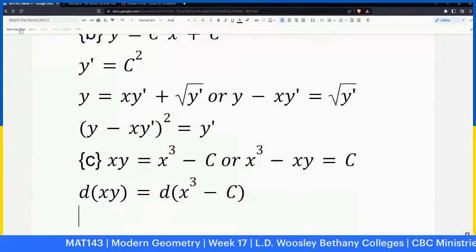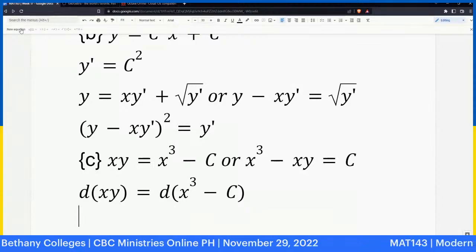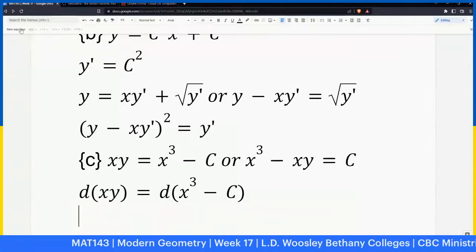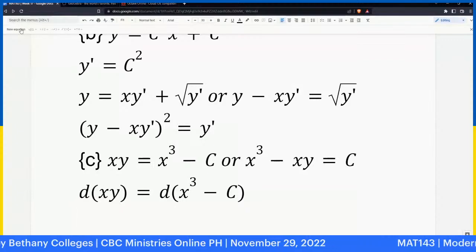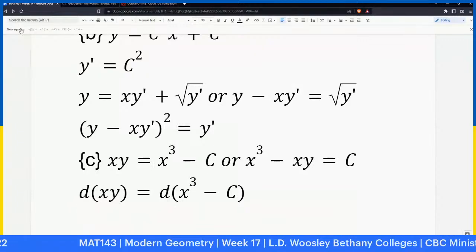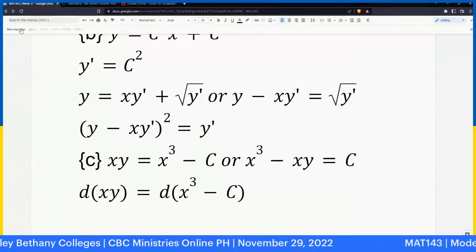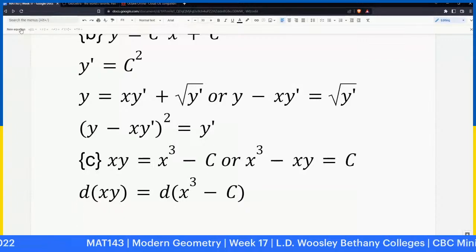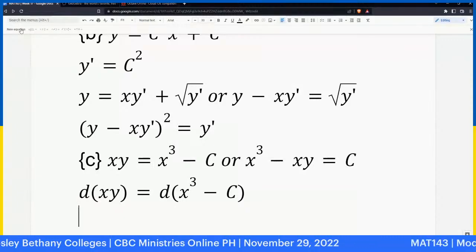What's the differential of xy, Micaela? Okay?